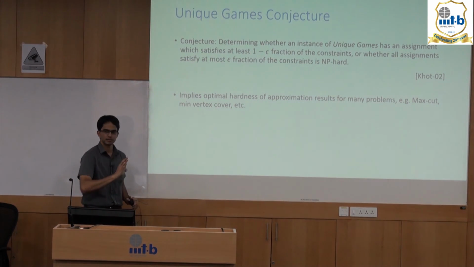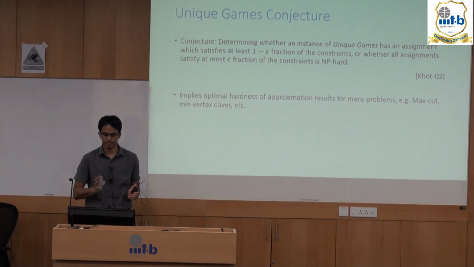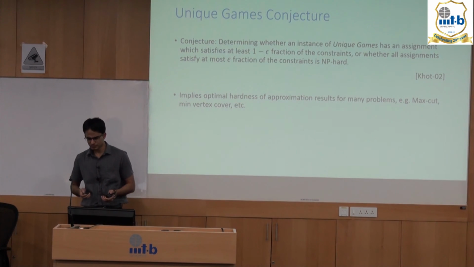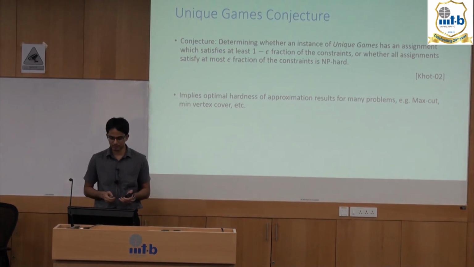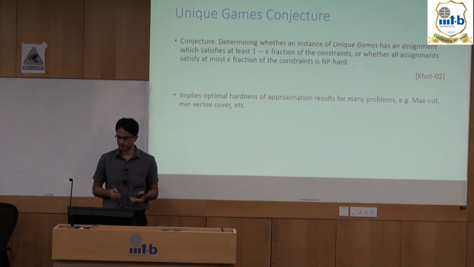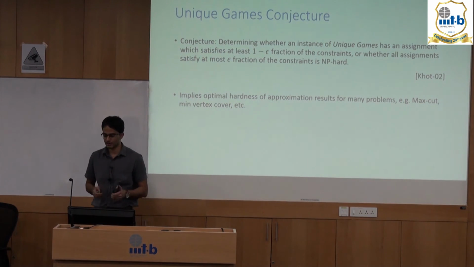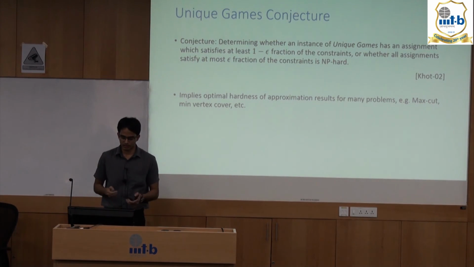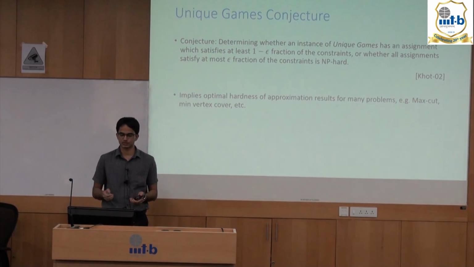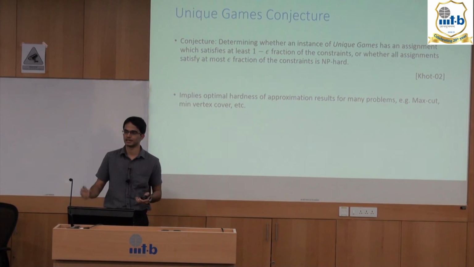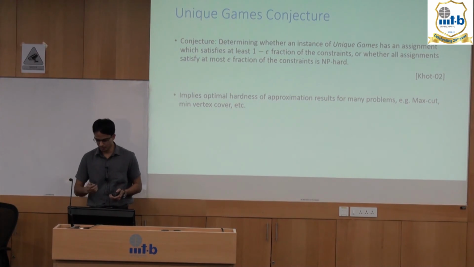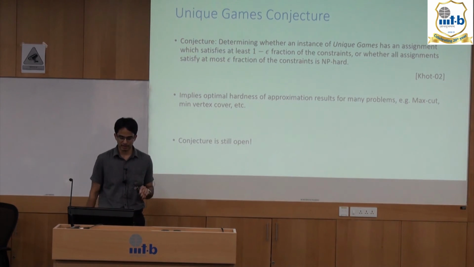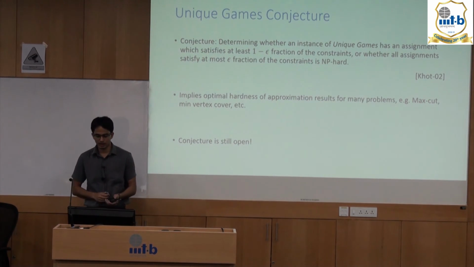There are many other problems for which this happens, but let me not go into those details. So this is a very big open conjecture. In fact, Subhash Khot got the Nevanlinna Prize in 2014, where one of the main reasons was for proposing this conjecture and studying its implications. And like I mentioned, the conjecture is still open.